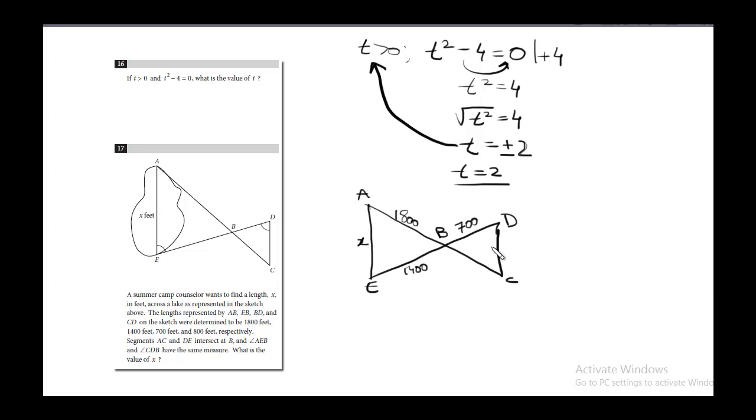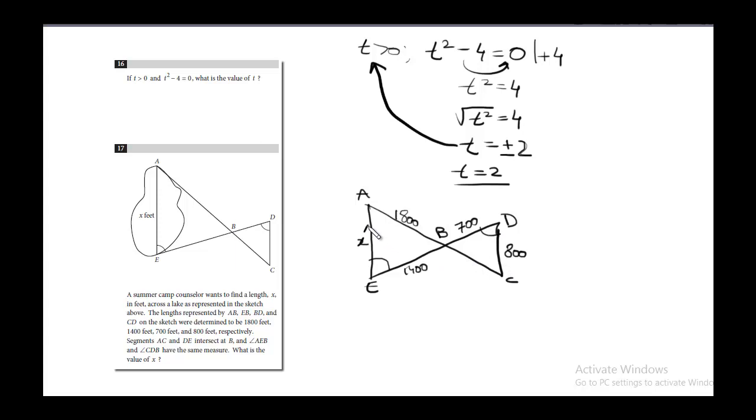And the length of CD is 800 feet. We are also given that angles AEB and CDB have the same measure.